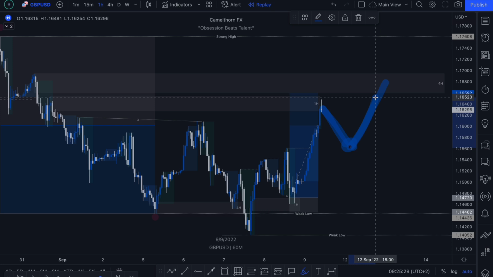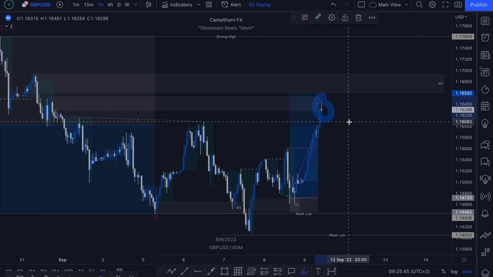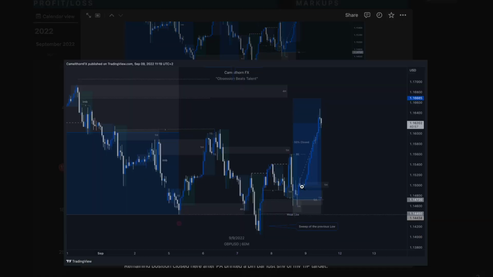I did not want to hold this trade over the weekend, purely because it was a counter trend setup and I just wanted to get in and out as quickly as possible. So this particular bearish pin bar was the catalyst for me to close the remainder of my position.